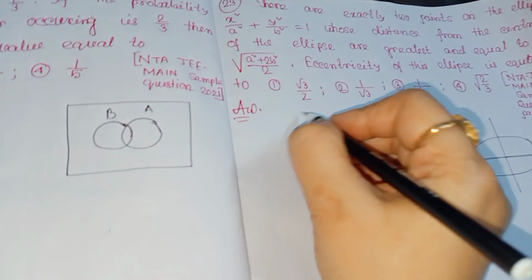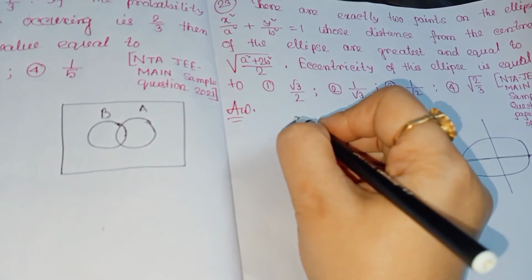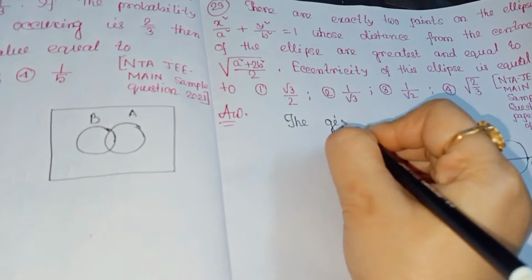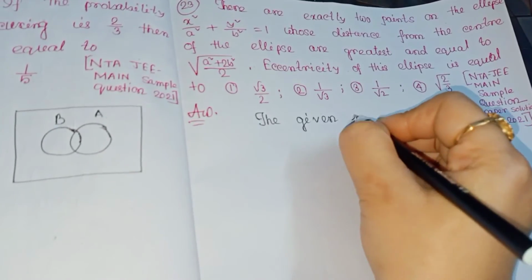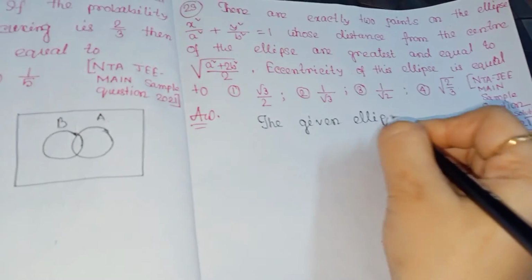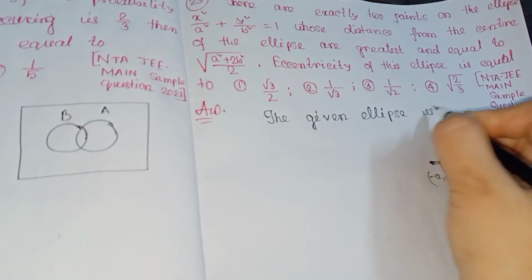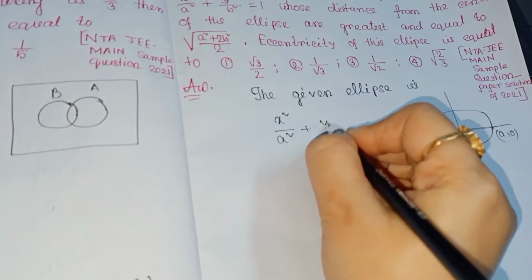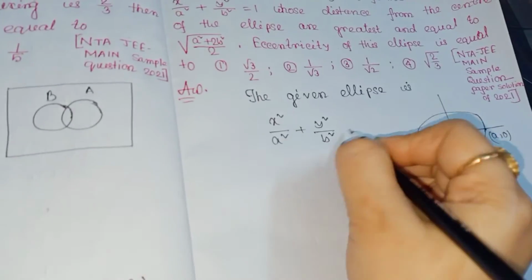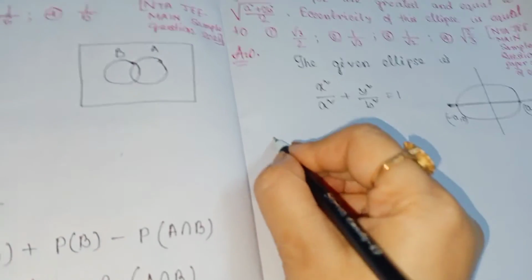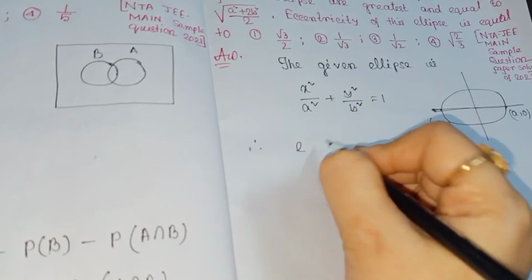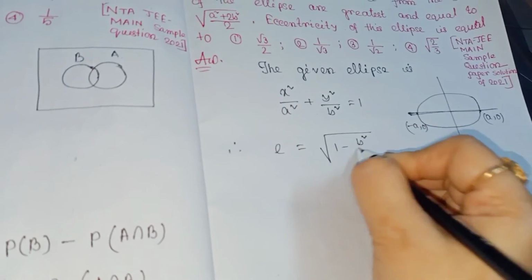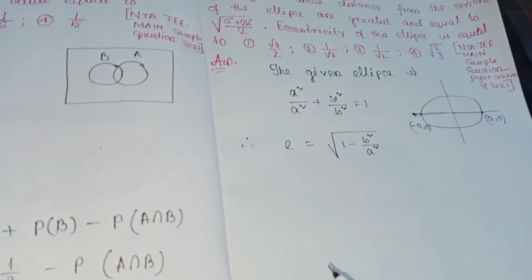Now the given ellipse is x square by a square plus y square by b square is equal to 1. Therefore eccentricity e is equal to root over 1 minus b square by a square.